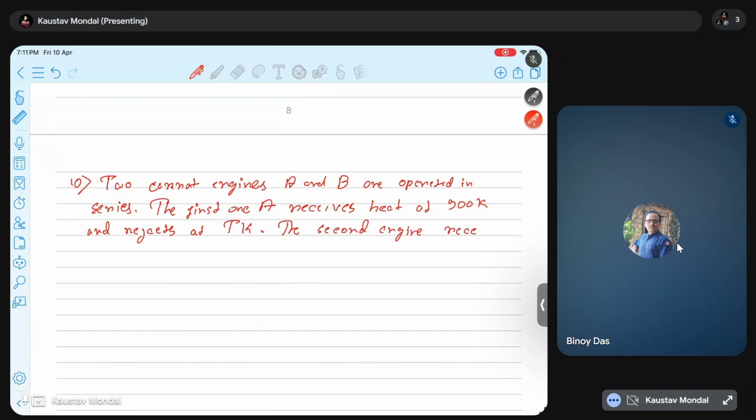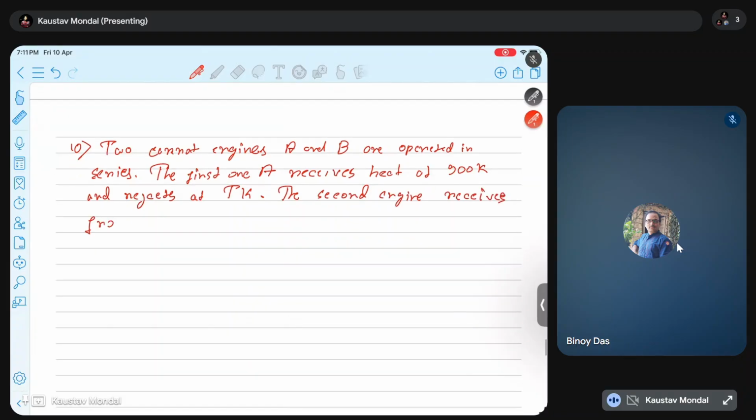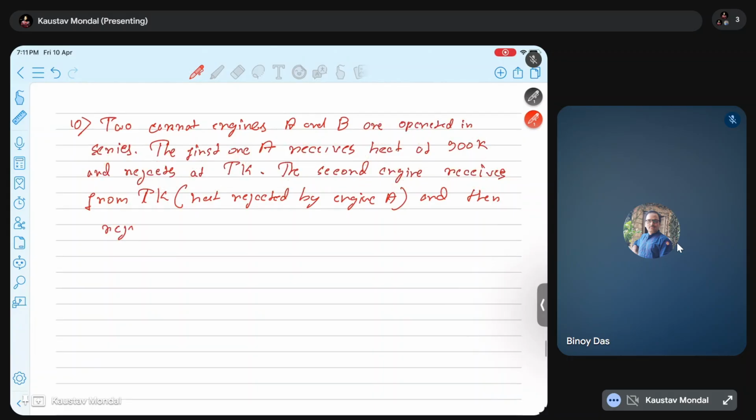That means it receives from T Kelvin, and then rejects heat to a reservoir at 400 Kelvin. This is the statement.